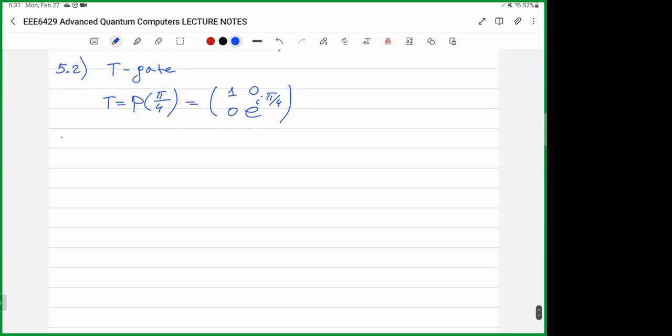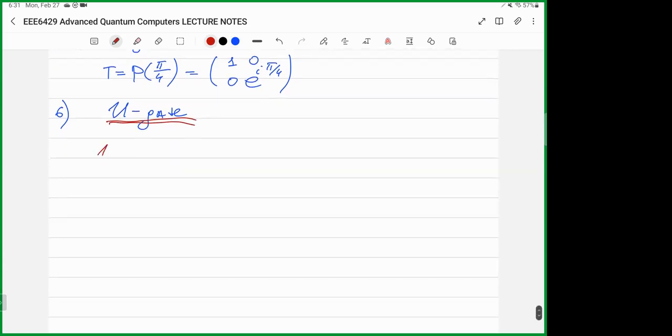And sometimes people also introduce this most general type of single qubit gate. It's called the U gate. The U gate is just the generalization of all gates that we discussed so far.